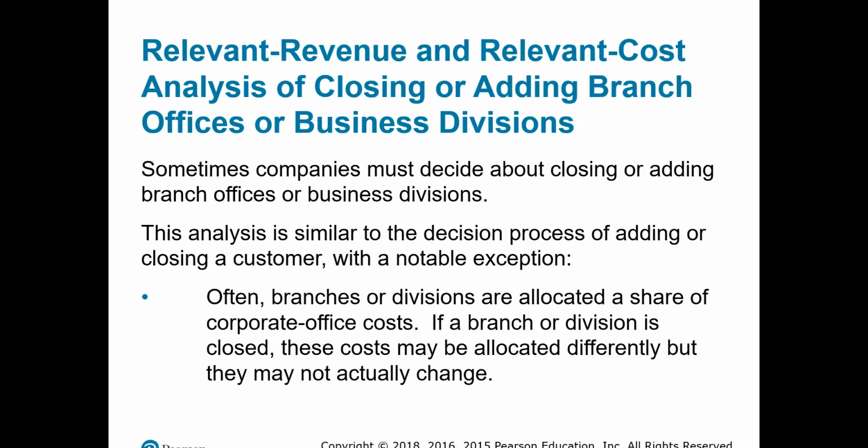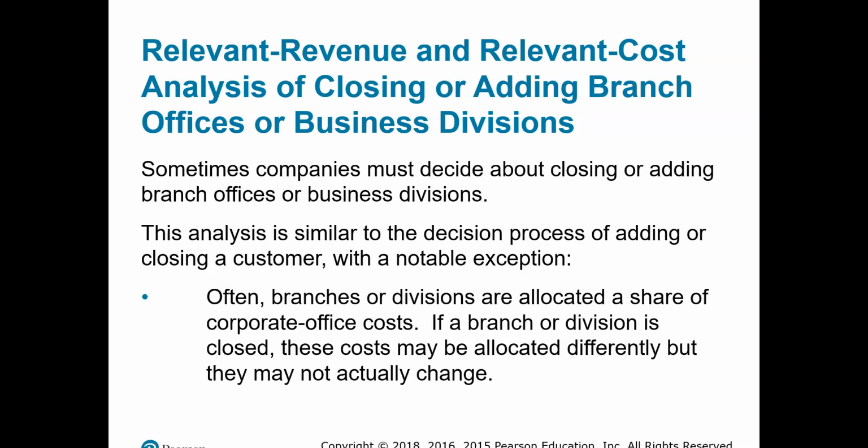Now, in the same vein, sometimes companies have to decide whether to close stores, branch offices, or business divisions, or even add offices, divisions, stores, or locations. If you see a store such as Best Buy or even your local chain convenience store, they're going to do a profitability analysis to see, should we open a new store? Should we close a store?